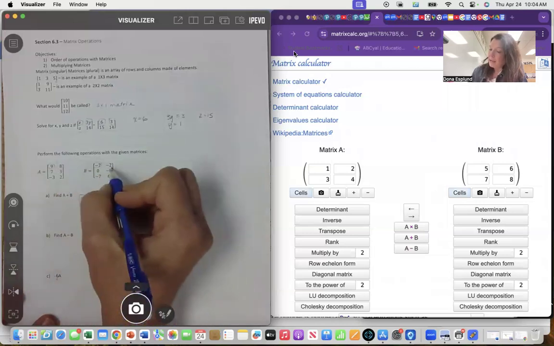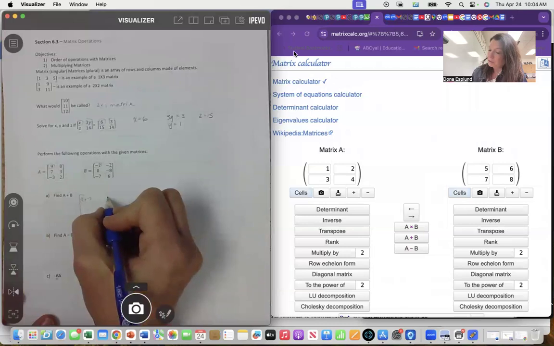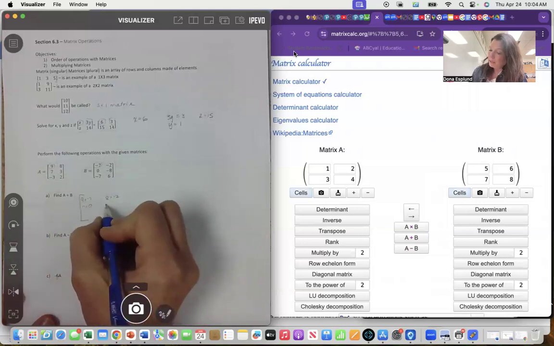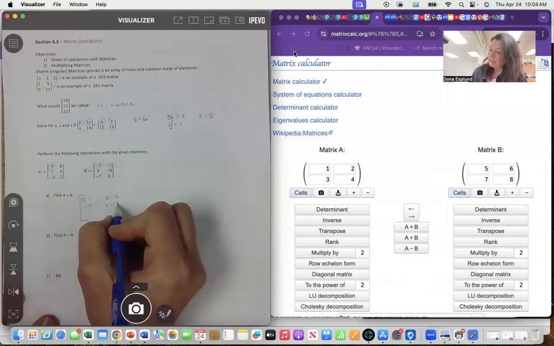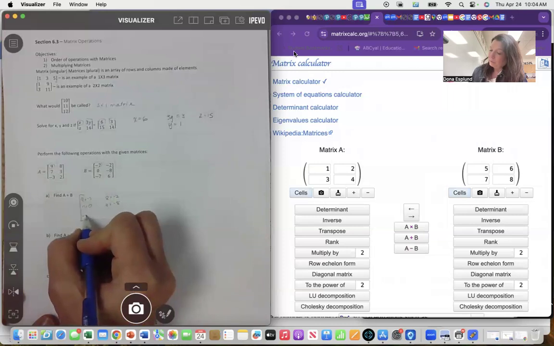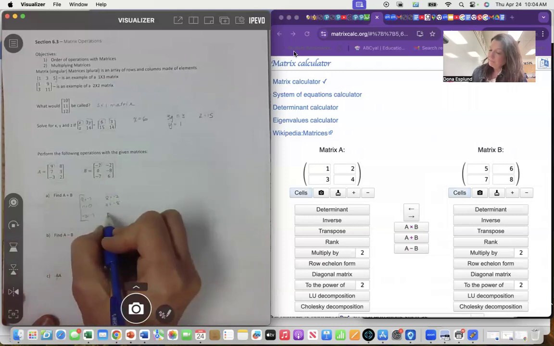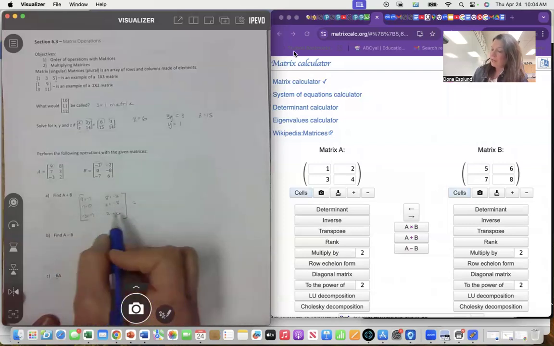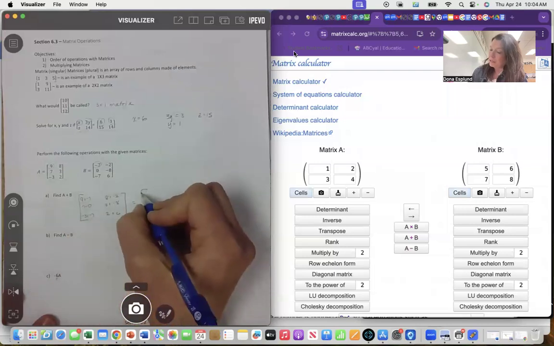Then 8, I'm going to add to -2, so 8 plus a -2. Then 7 plus 0. Then 3 plus a -8. Continue with -3 plus a -7. And then 2 plus 6. That's how you're going to calculate the numbers for your matrix.